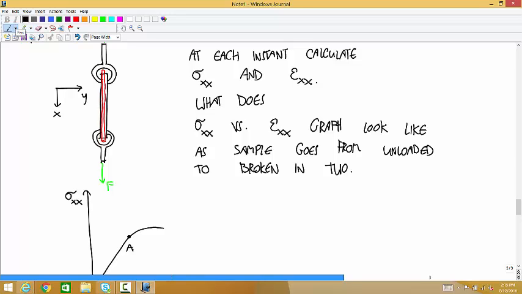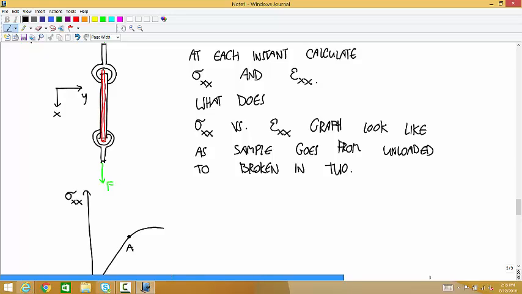But we still calculate stress by taking the total force applied and dividing it by the cross-sectional area of the undeformed shape. Okay? Can you picture what I mean? Like as this thing deforms, that cross-sectional area is changing, right? It's getting smaller.